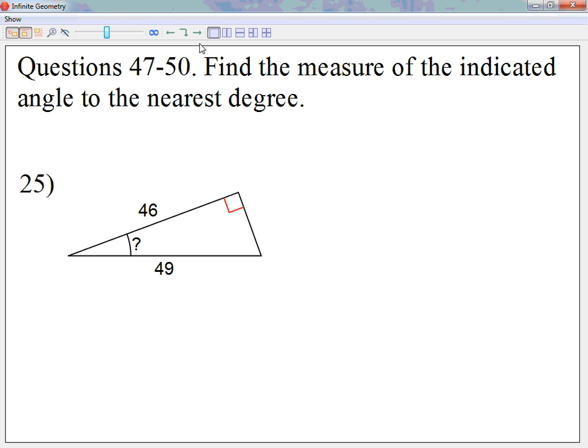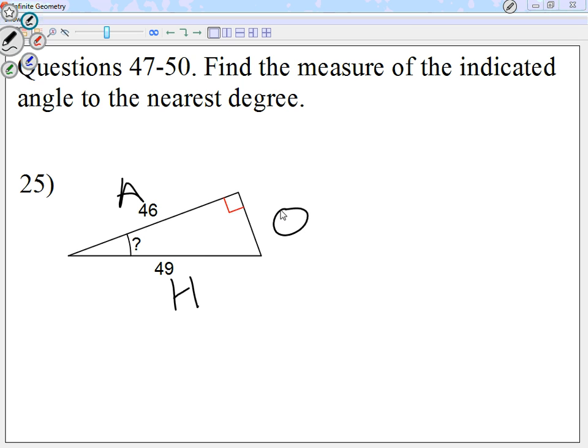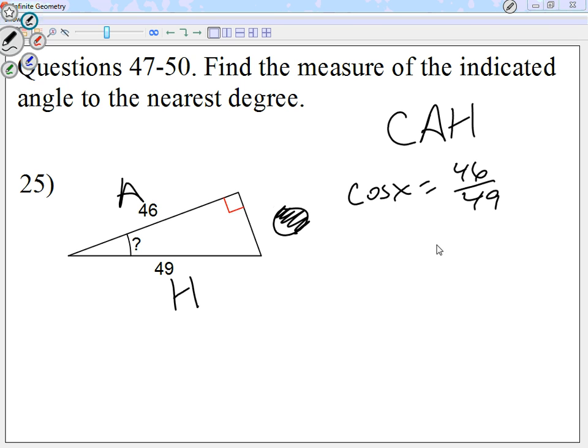Now on these, let's see, find the measure of the indicated angle to the nearest degree. So I see my 90-degree angle. So we're given the hypotenuse, because it's the one that's farthest away from the 90 degrees. From the angle, we don't have the opposite, but we do have the adjacent. So let me cross out the opposite. A and H, I remember something about adjacent and hypotenuse. So I'm going to say cosine of x, because I don't know the angle, is equal to 46 over 49. So for the fraction and the x to switch places, I'm going to have to do inverse.